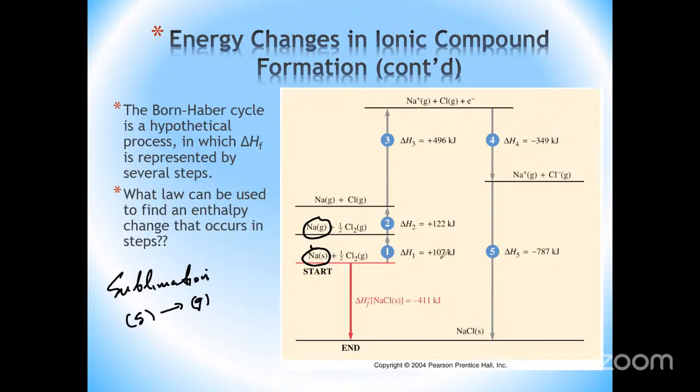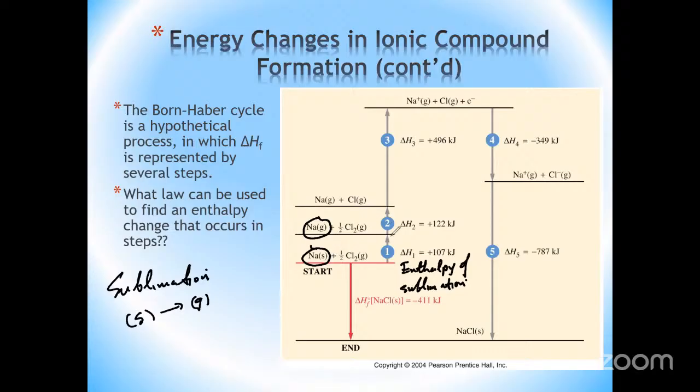And the enthalpy that is used here, or the energy that is required to make that transition, that is called enthalpy of sublimation. Enthalpy of sublimation, right? So that's the first step, going from sodium solid to sodium gas.